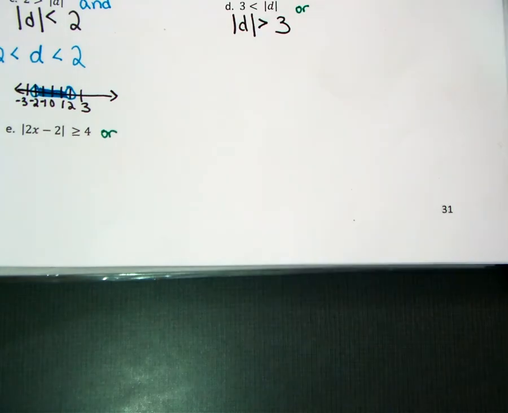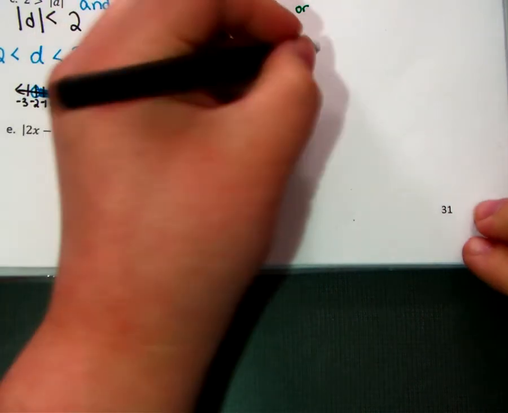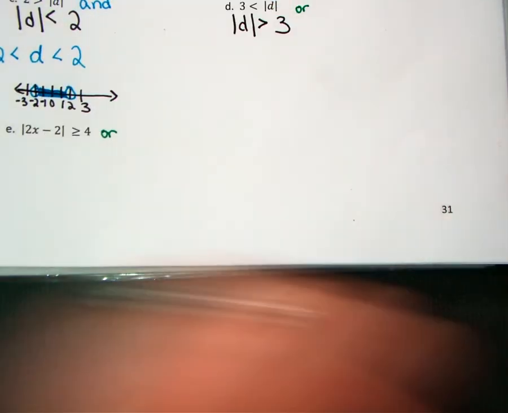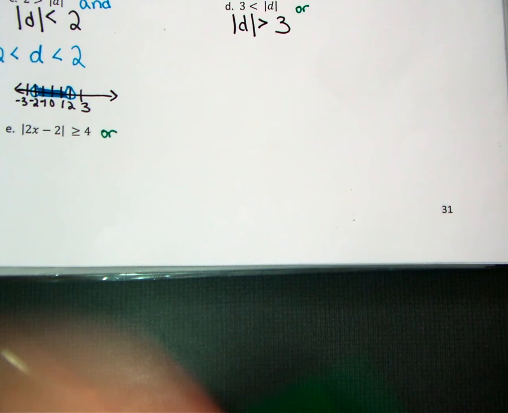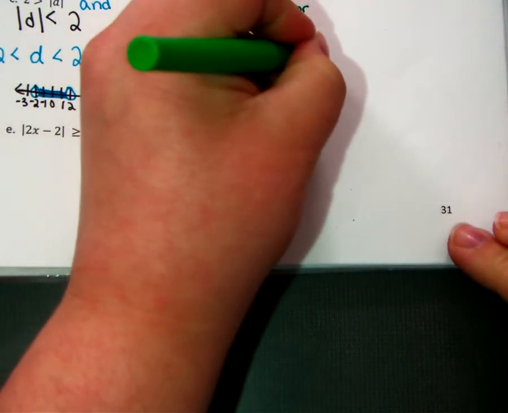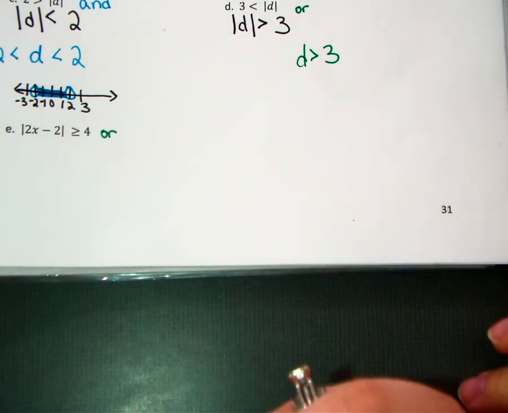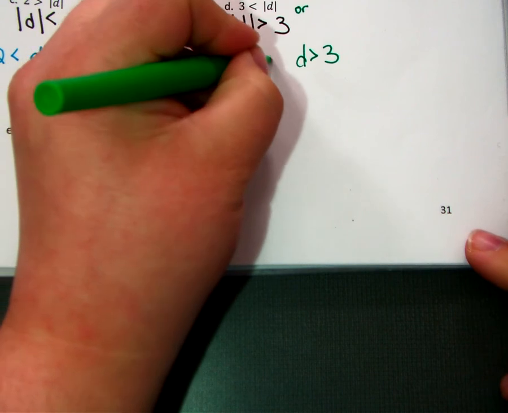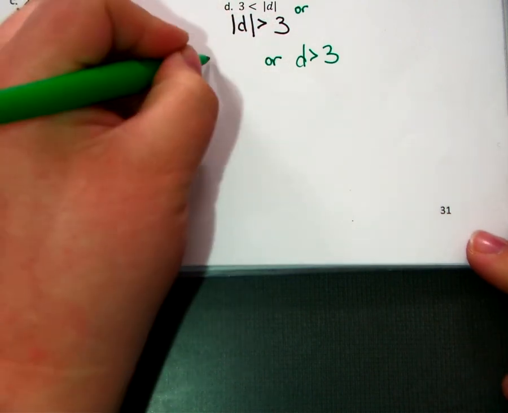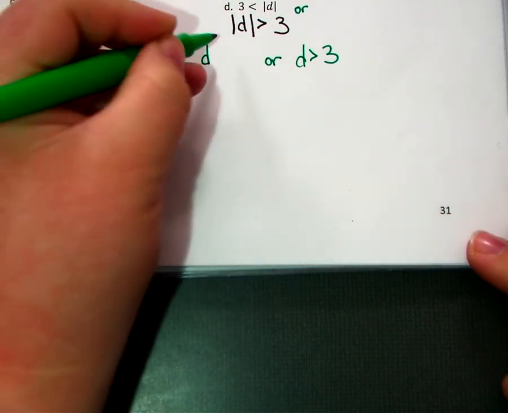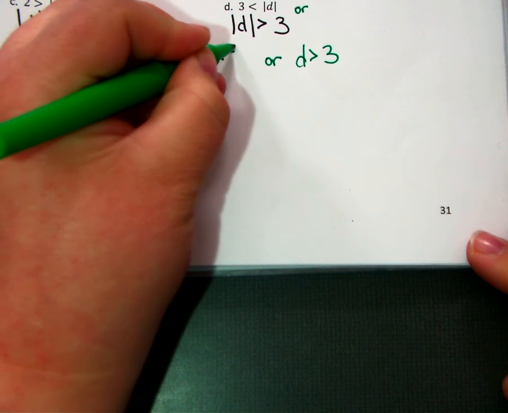So for problem D, the first gets copied exactly as you see it. D is greater than 3, no absolute value signs. Or D is less than negative 3: switch the sign, switch the sign.